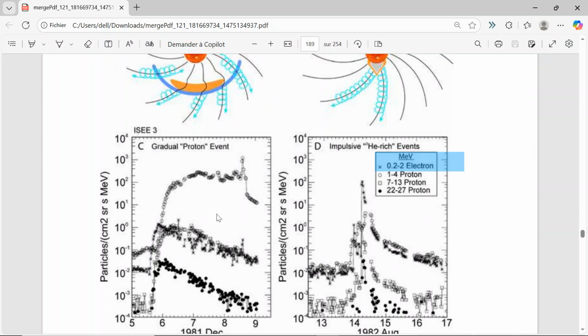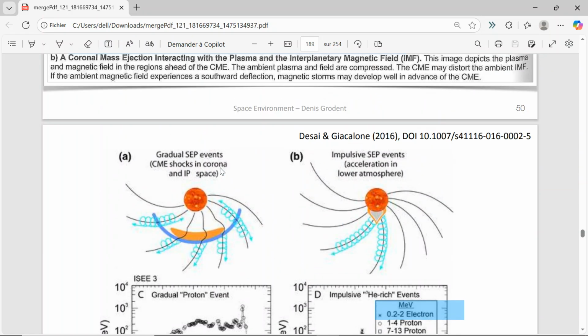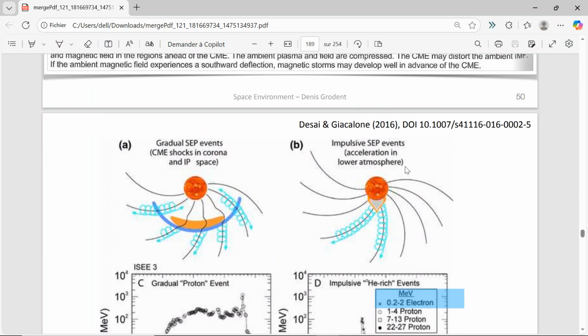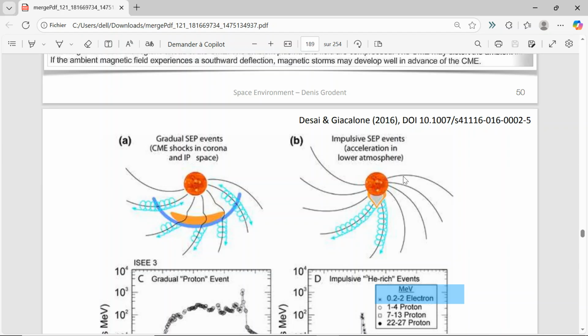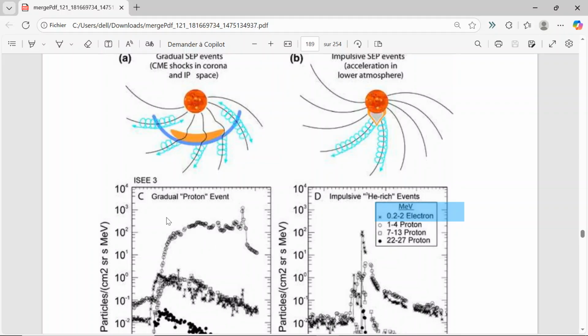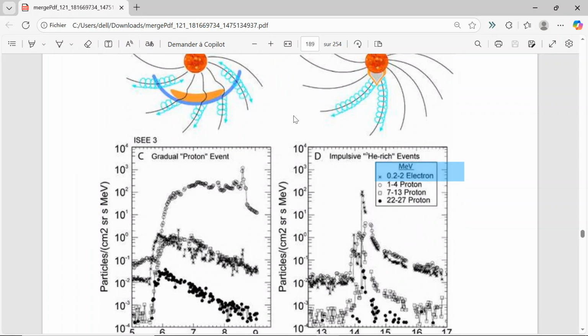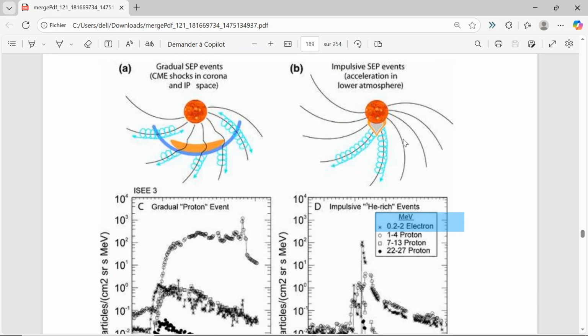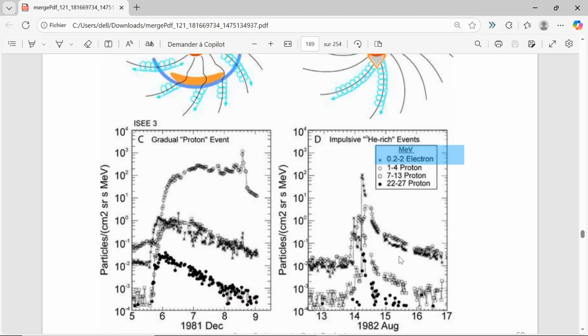This is mainly protons, high energetic protons. For the CME, when you have a very large event, these protons are much more energetic than the classical solar event particles, which are just electrons between 0.2 and 2 mega electron volts.